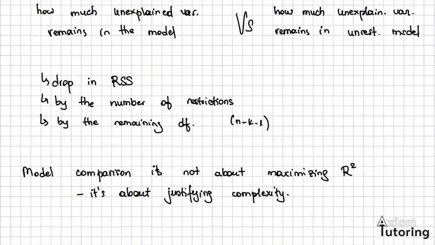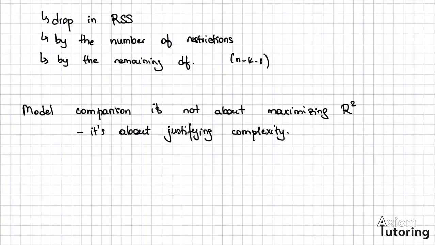Which relates also to another concept that we have seen in previous videos. When we looked at the difference between the R square and the adjusted R square, we said that the adjusted R square is actually more appropriate when we are doing model comparisons because it penalizes models that add variables without improving the fit enough.